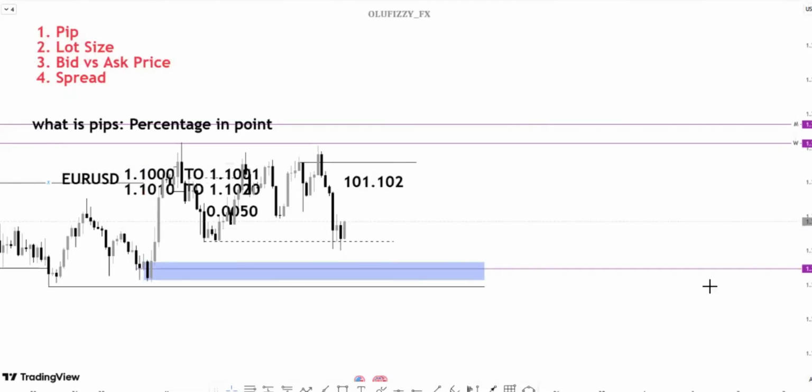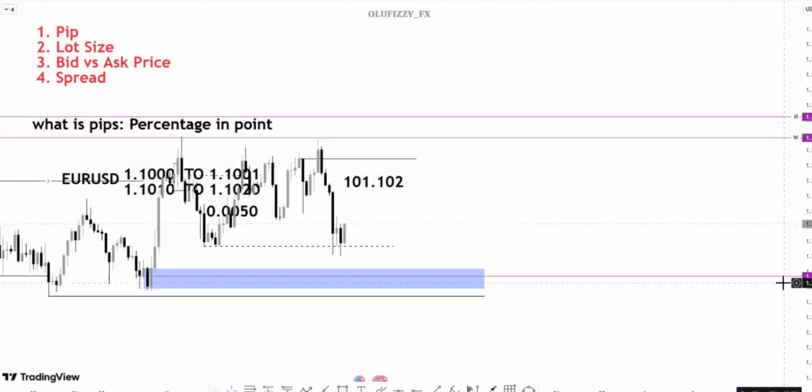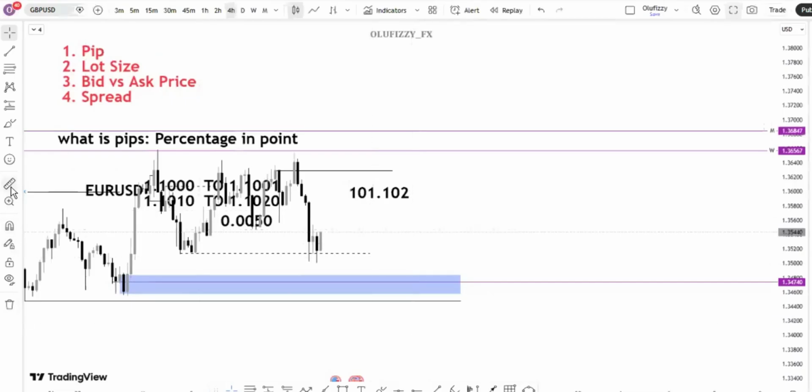If price now moves from this line that I put here to this other line that I put here, let's use the ruler to check how many pips. Can you see from this point to this point here is 182 pips. So that is 182 pips.